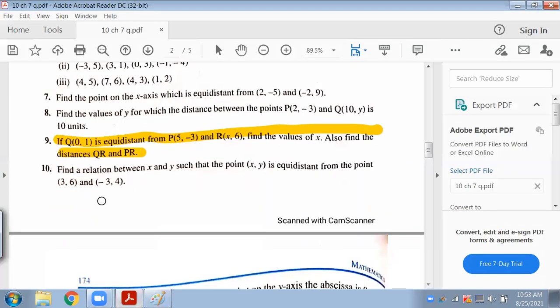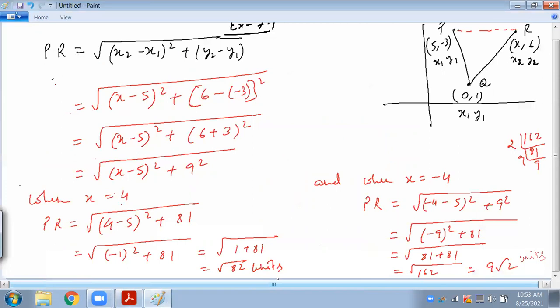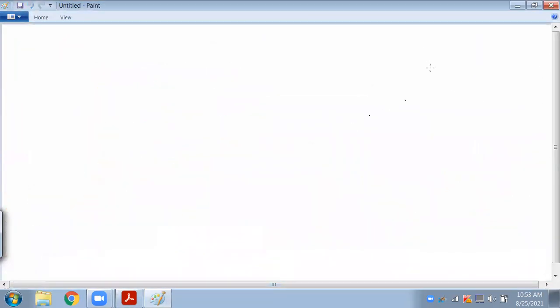Then let's move to the next question. Question number 10. Find the relation between x and y. You have to find the relation between x and y such that the point x comma y is equidistant from these two given points. So we have a point that is x comma y.